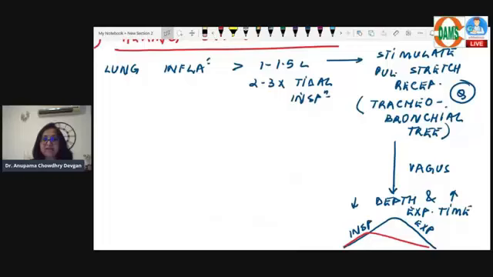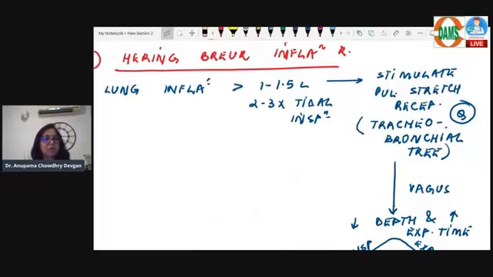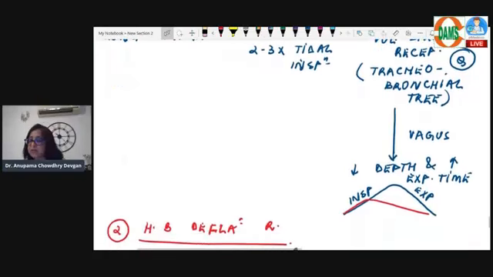Again, whenever the lung inflation is more than 1 to 1.5 liters, it stimulates the pulmonary stretch receptors, which in turn will decrease the depth and increase the expiration. Because remember, it is not affecting the rate. The time for each respiratory cycle remains the same. So if you decrease the depth of inspiration, there is going to be increase in the expiration time.